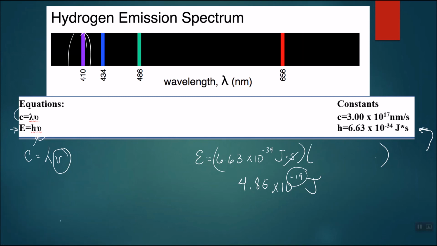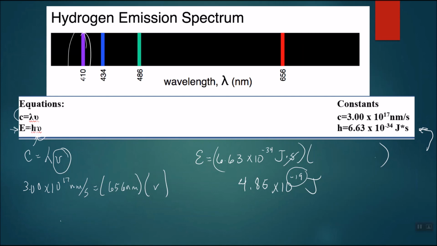Okay, so that's 656. 3.00 times 10 to the 17th nanometers per second equals 656 nanometers times V. So 3 times 10 to the 17th divided by 656.